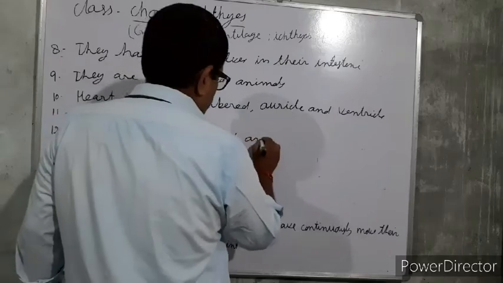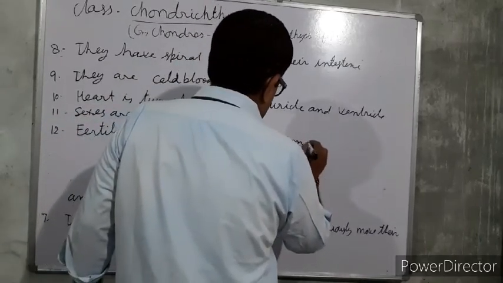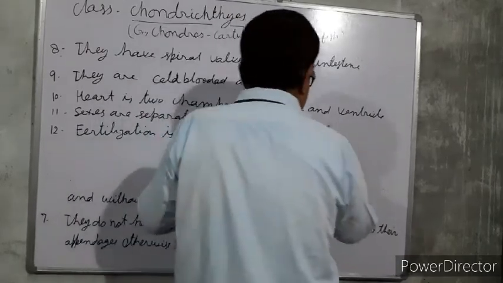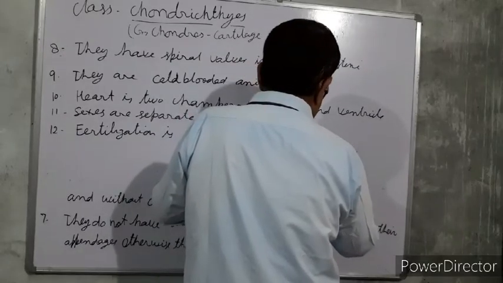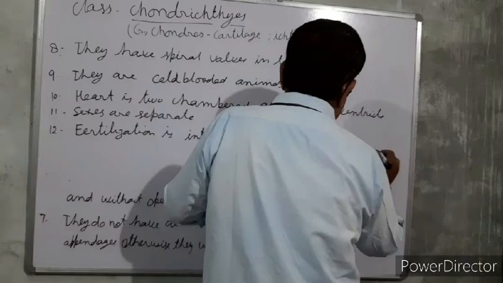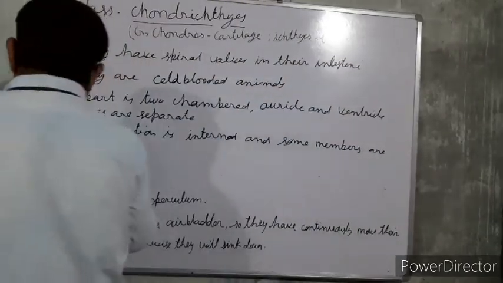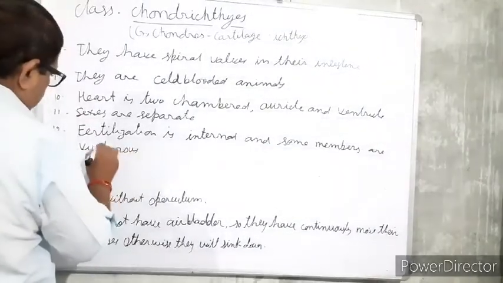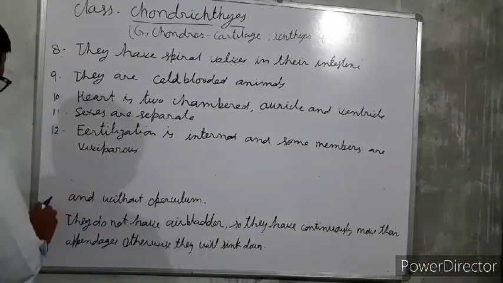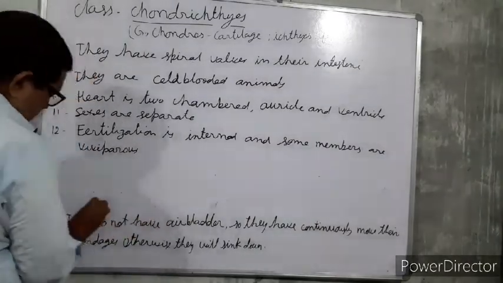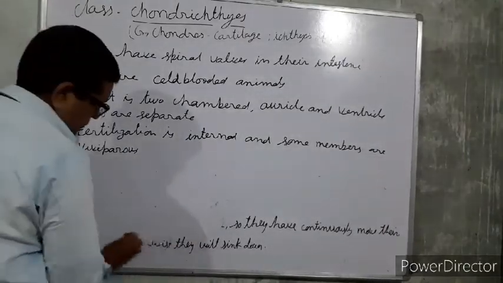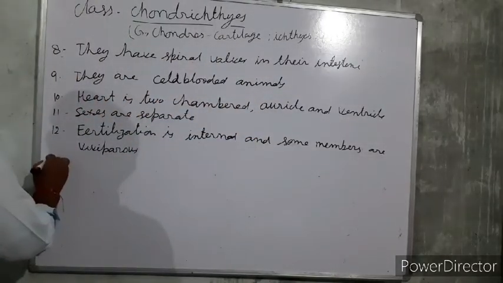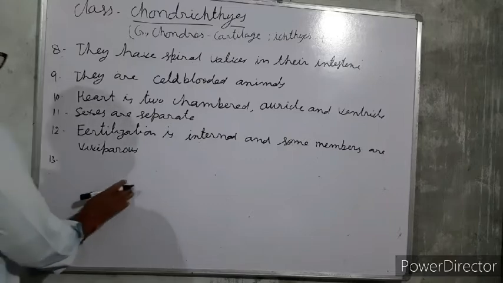And some members are viviparous. These include sharks and rays.